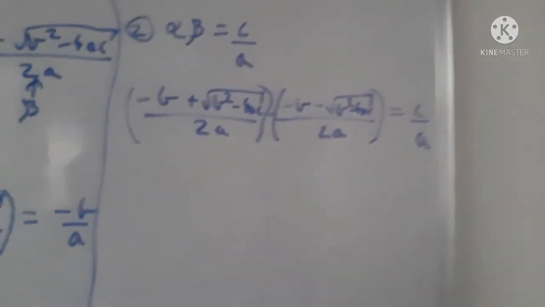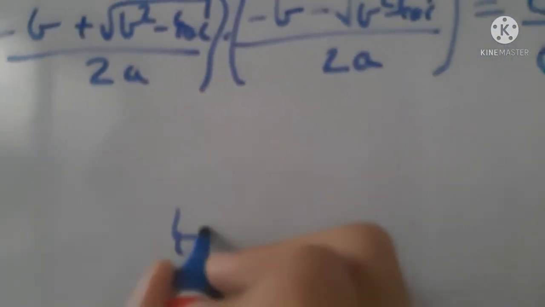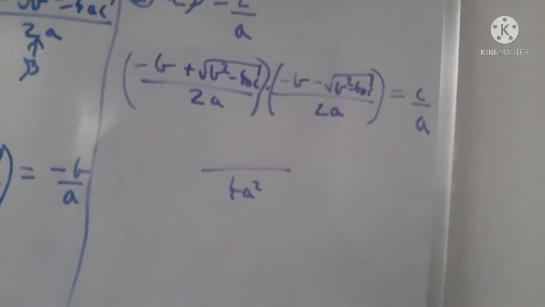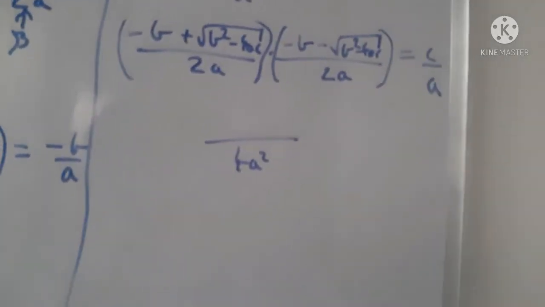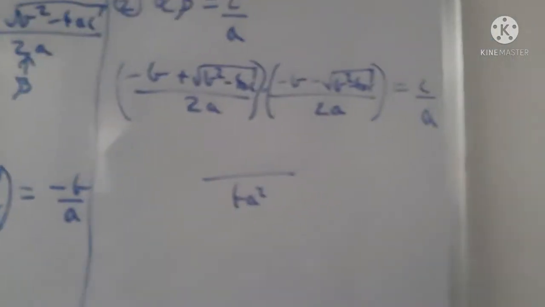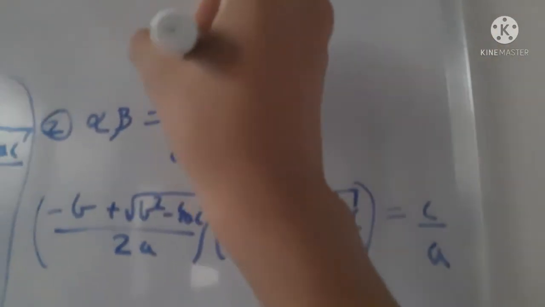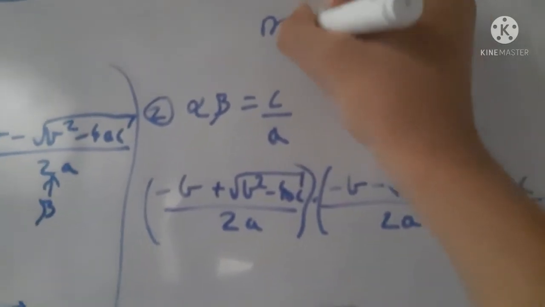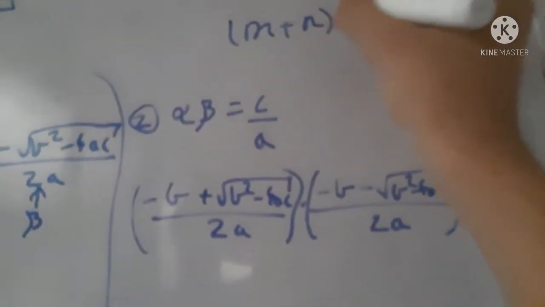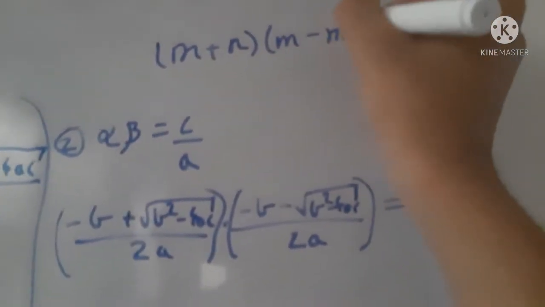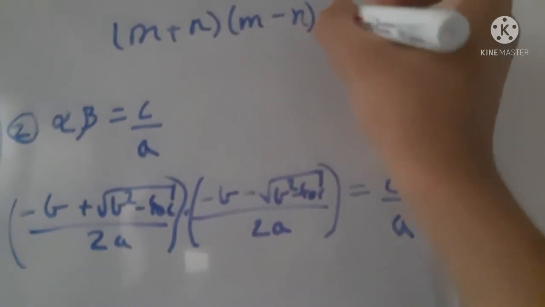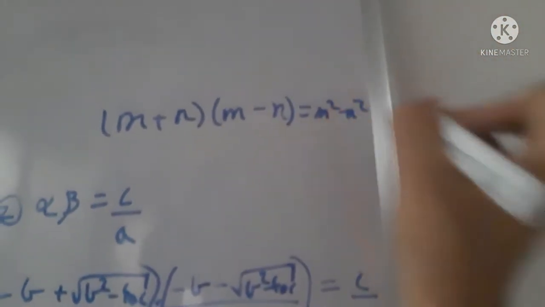For the denominator, we simply have 4a squared. Do we not? Yep, we do. For the numerator, on the other hand, we have to use an identity. I'm going to write this in terms of m and n: m plus n times m minus n is equal to m squared minus n squared.